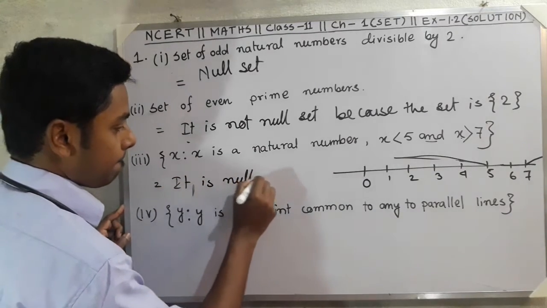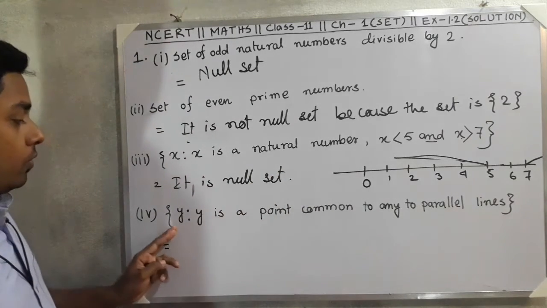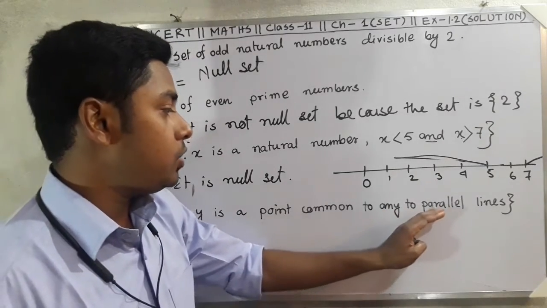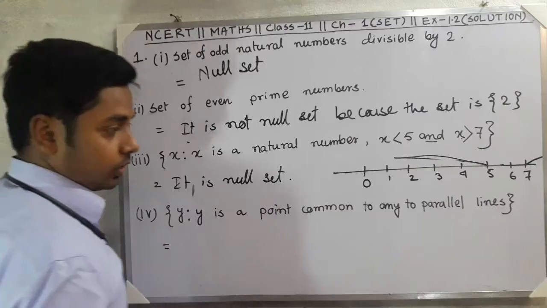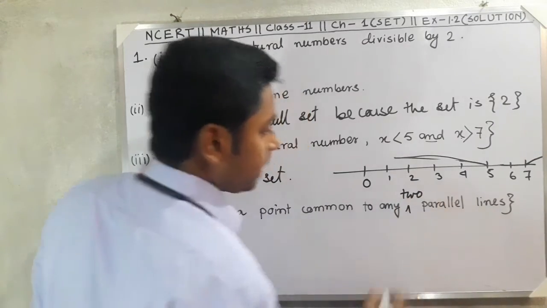Now number 4, y such that y is a point common to any two parallel lines. Suppose we have two parallel lines.